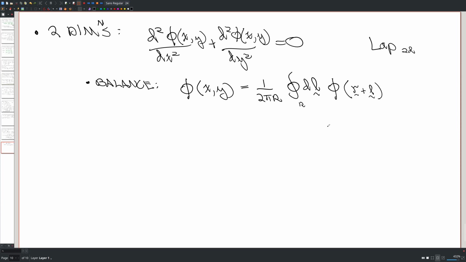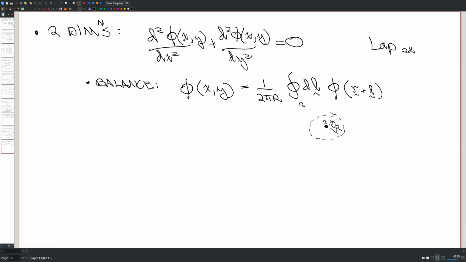So I have a point and a circle of radius r centered at the point xy, and my little L is really just integrating this. Okay, you see what it means?